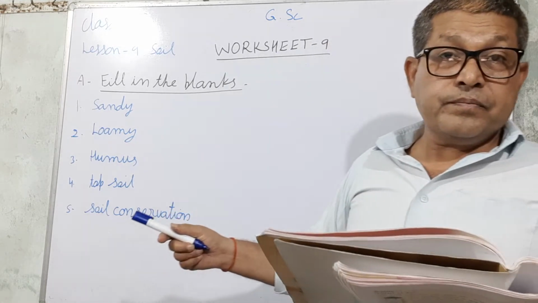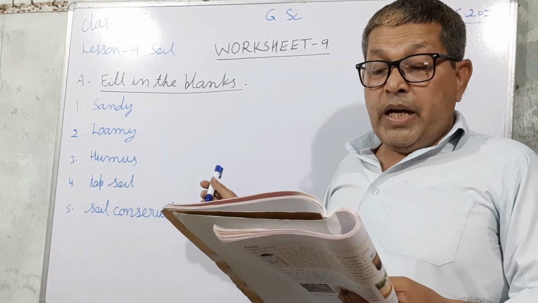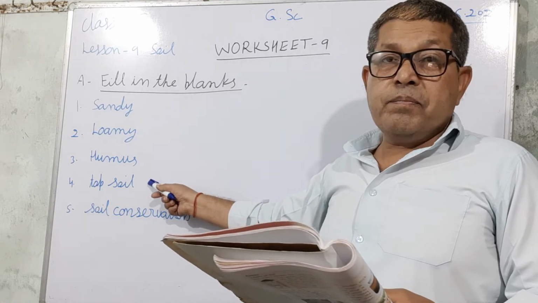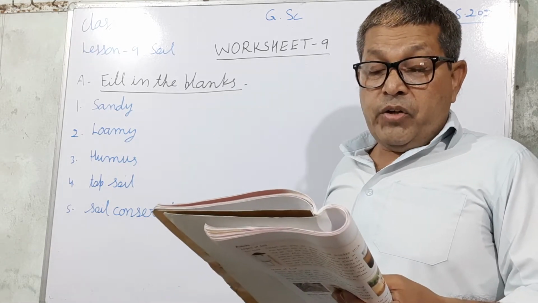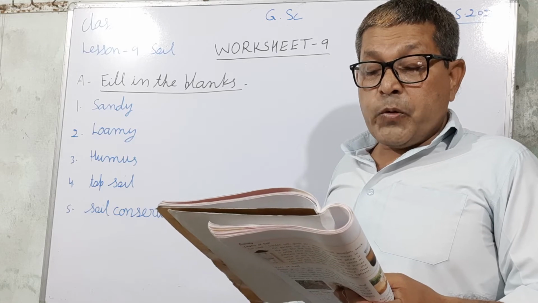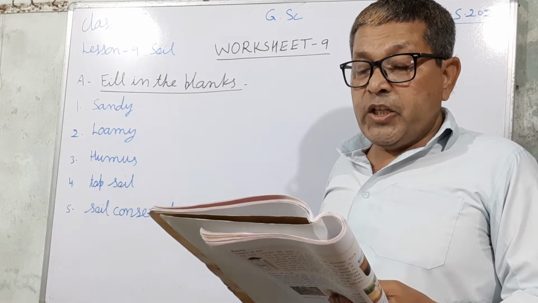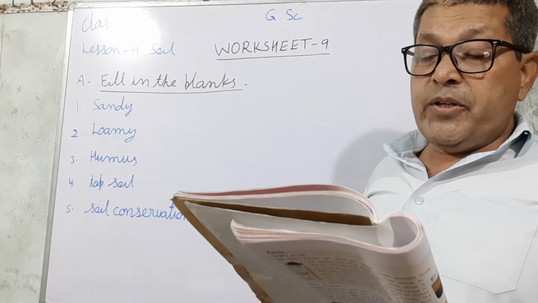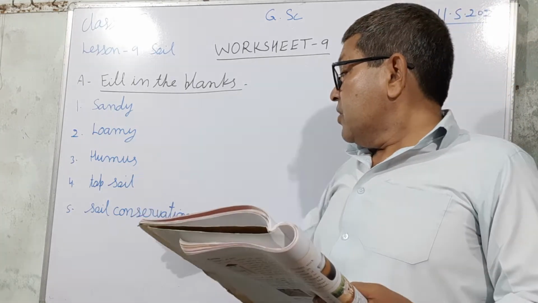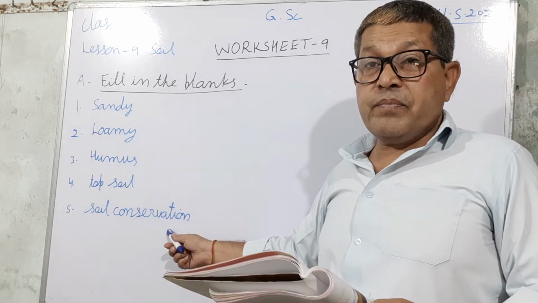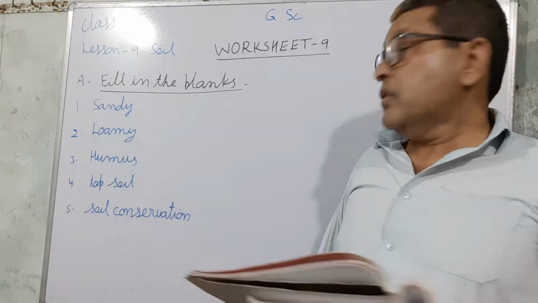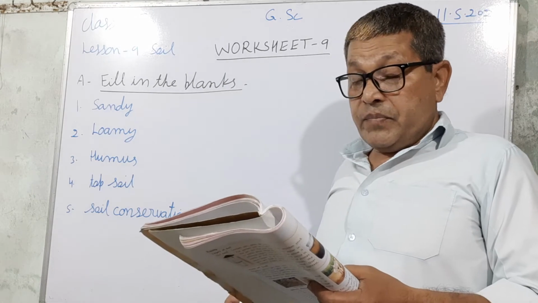Fourth, plants mostly grow in the top soil. Fifth, protecting soil from erosion is called soil conservation. So you have to write these.